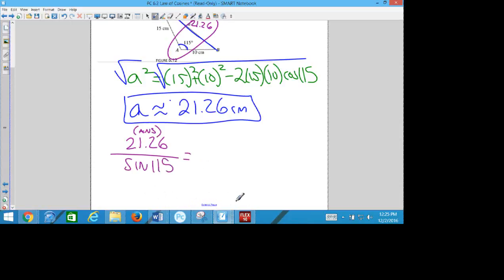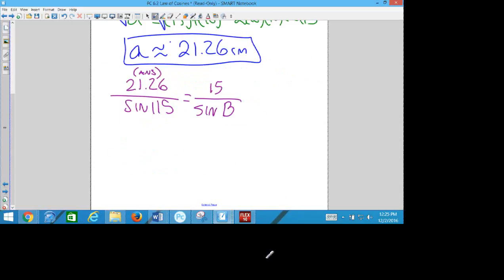What are we trying to solve for? Angle B. I'm going to find B and C, so we can find angle B. So side B is 15 over sine of B. And we cross multiply.